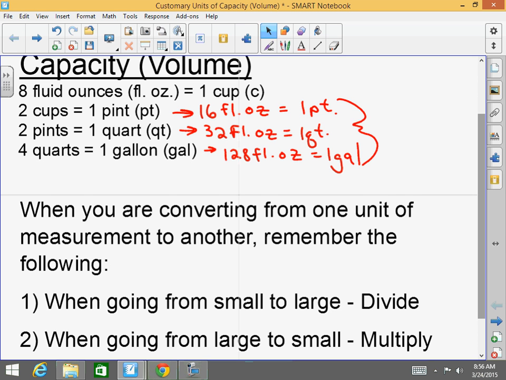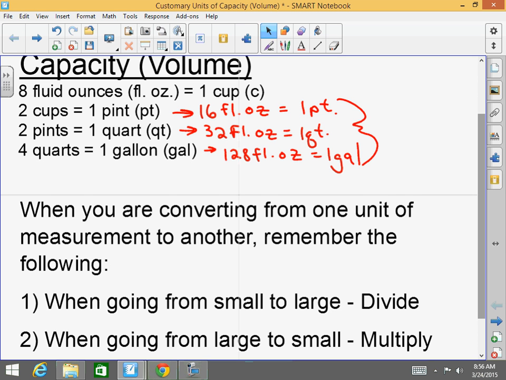So again, there's 8 fluid ounces in 1 cup. There are 2 cups in 1 pint. There are 2 pints in 1 quart, and there are 4 quarts in a gallon. How does this relate to fluid ounces? Well, since there are 8 fluid ounces in 1 cup, and there's 2 cups in a pint, 2 times 8 would be 16 fluid ounces in 1 pint.